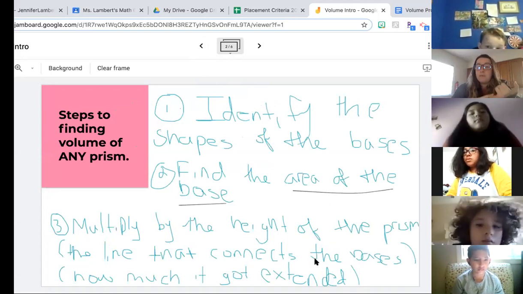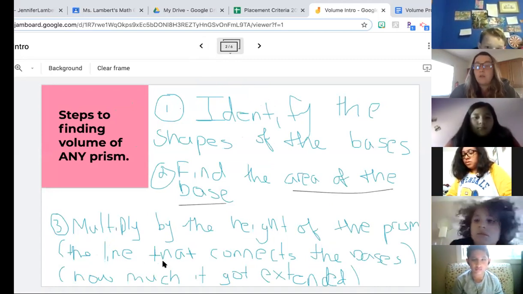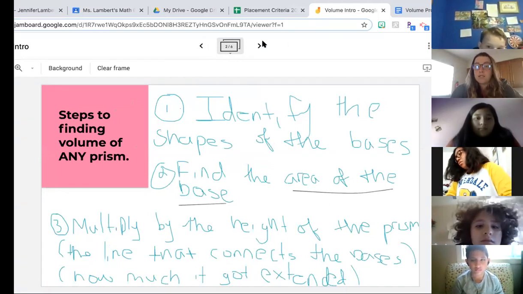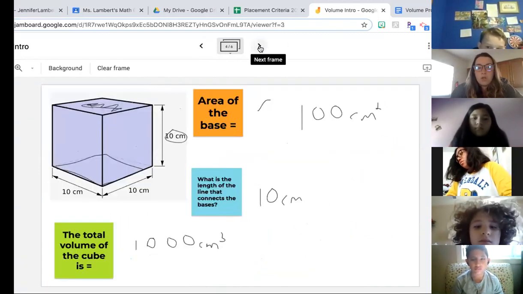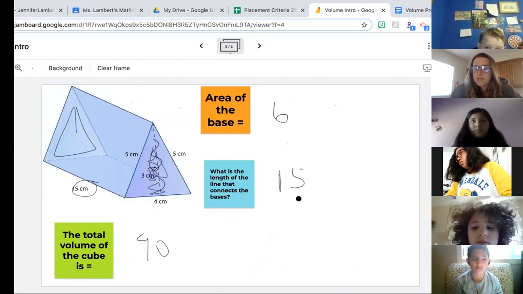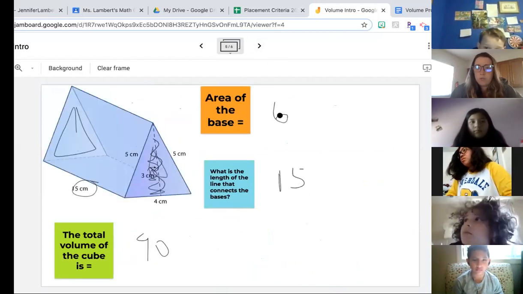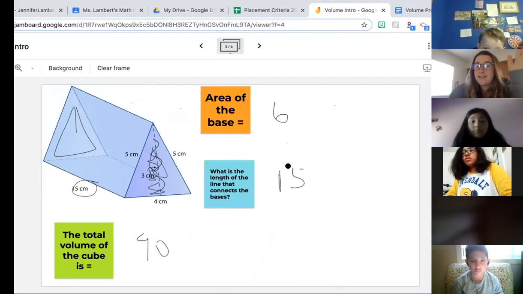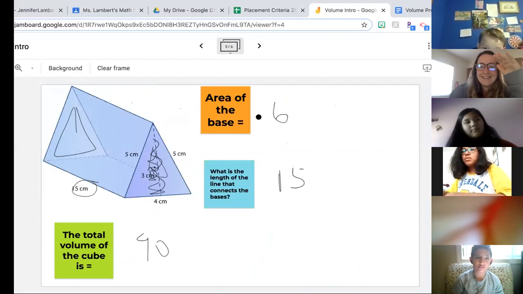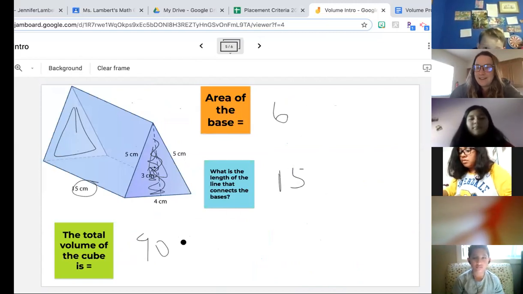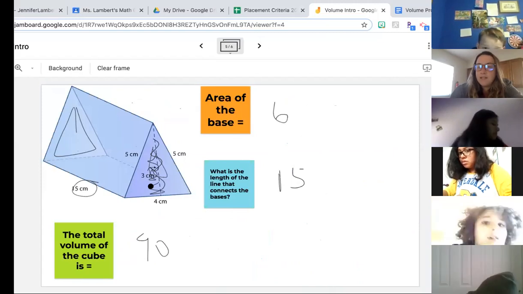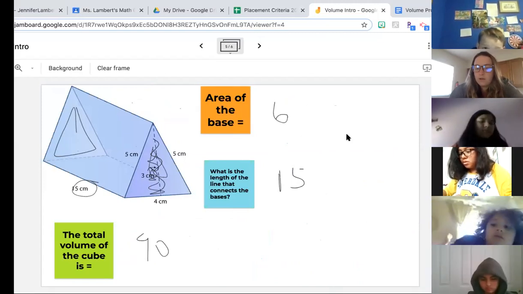The height of the prism is the line that connects your two bases, or how much your shape got extended. So for that last one, we should have gotten 6 times 15. Sorry, guys. 6 times 15 gives us 90. And we got 6 because we did 4 times 3 times a half, because it was a triangle.